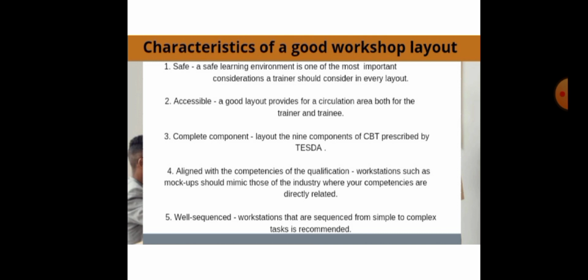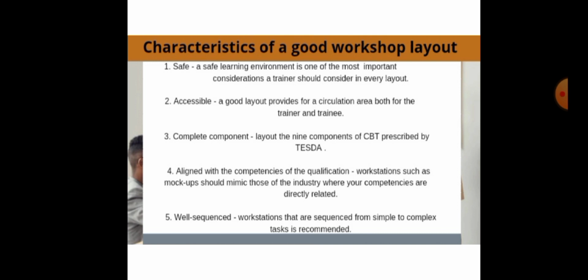So lay out your workstations to allow easy monitoring. The learning environment should be accessible wherein the trainees can perform while the trainers are observing what happens in the training.